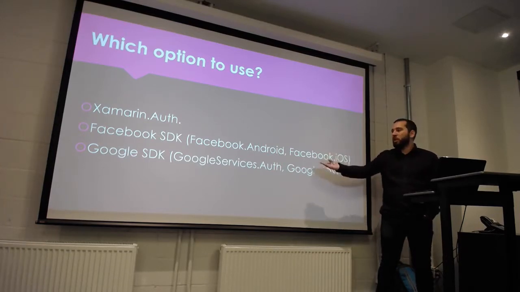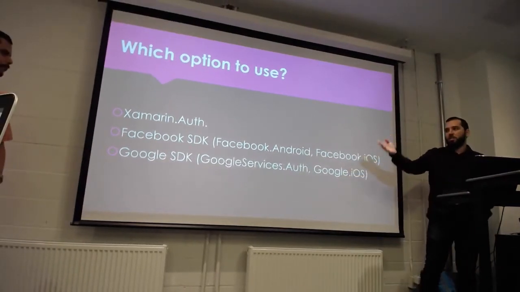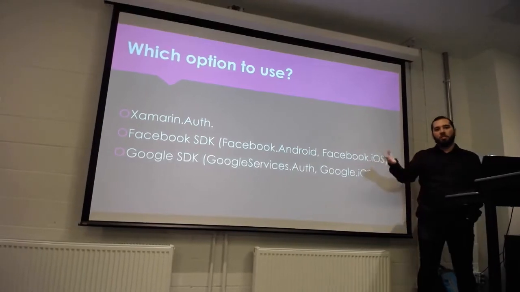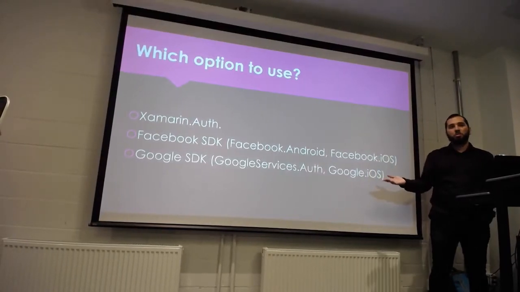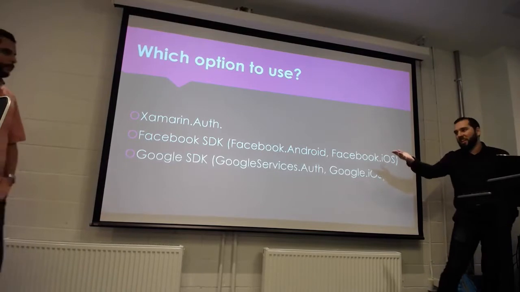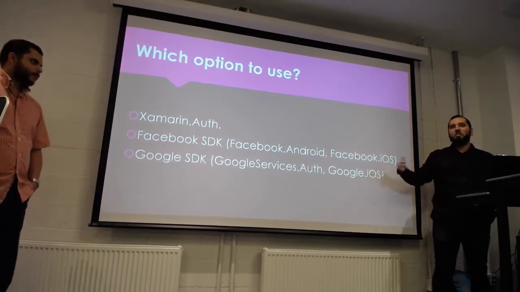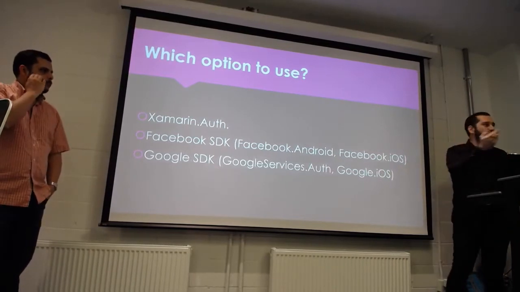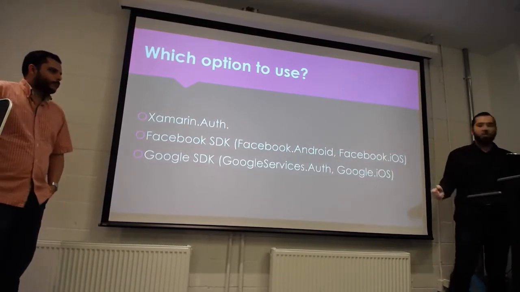So if you go to the Google Developer Central, you see step-by-step how to implement this, right? But again, it's in Java and iOS, but it's the same. If you just translate the syntax to C#, then you're good to go, right?